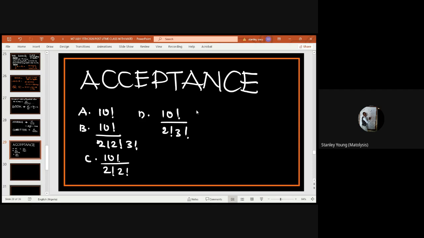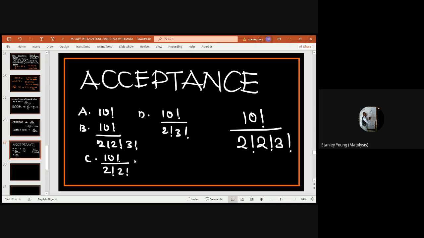Can you see that letters are repeated there? What are the letters repeated? A was repeated.